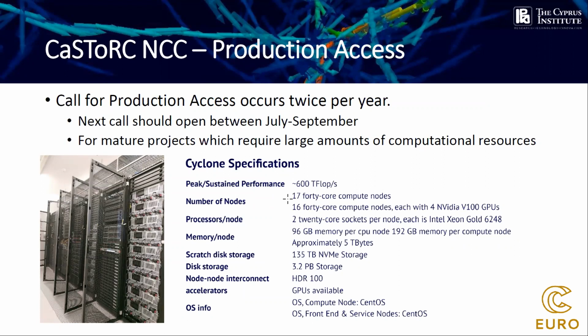This type of access is, again, people will get accounts on Cyclone, and it's aimed for mature projects which require large amounts of computational resources. So we're talking about projects which require about 500,000 CPU hours or 50,000 GPU hours.